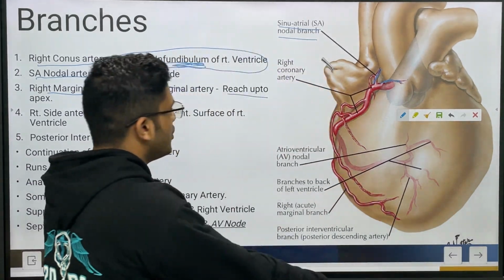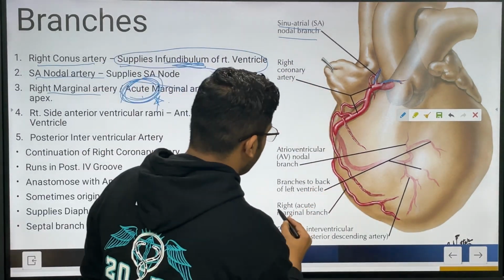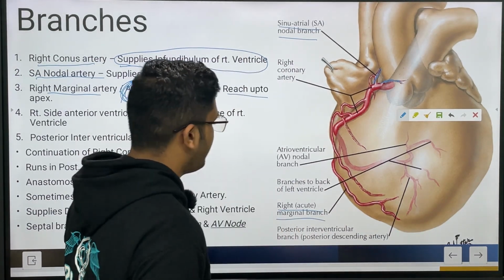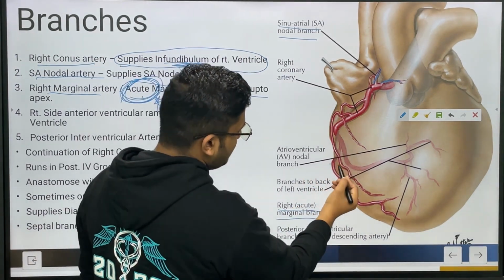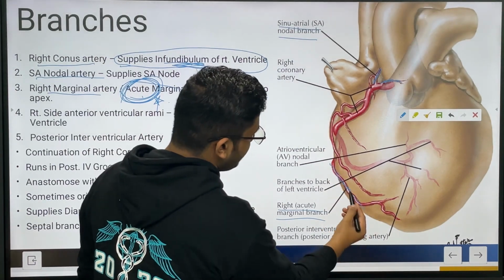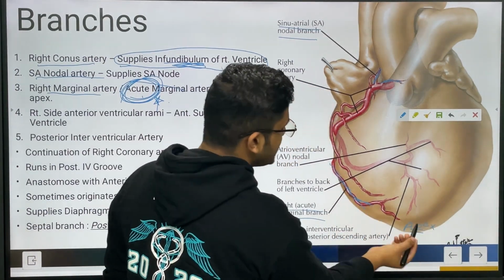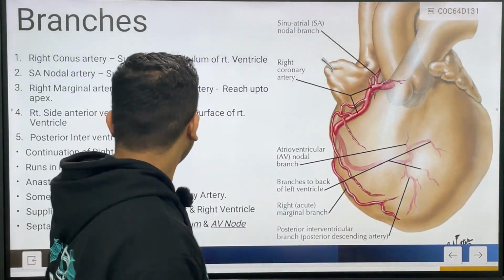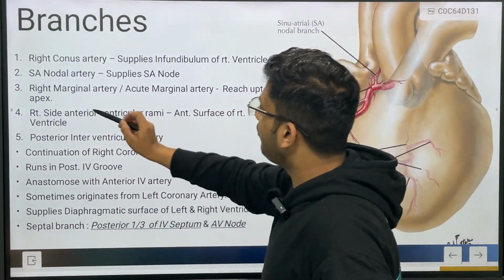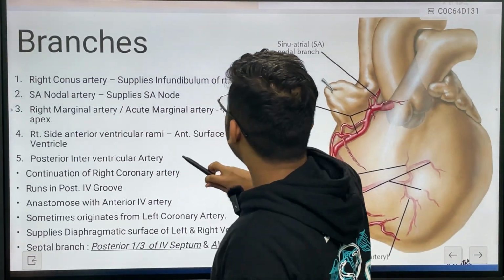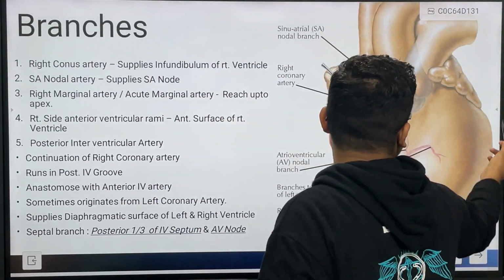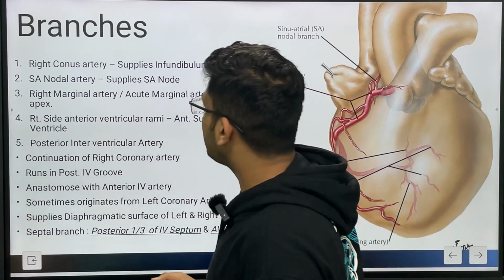So let's see where your acute marginal artery is. This is the artery which you can see, and this is the apex of the heart. So the right marginal or acute marginal artery is reaching up to the apex of your heart. Is it clear?